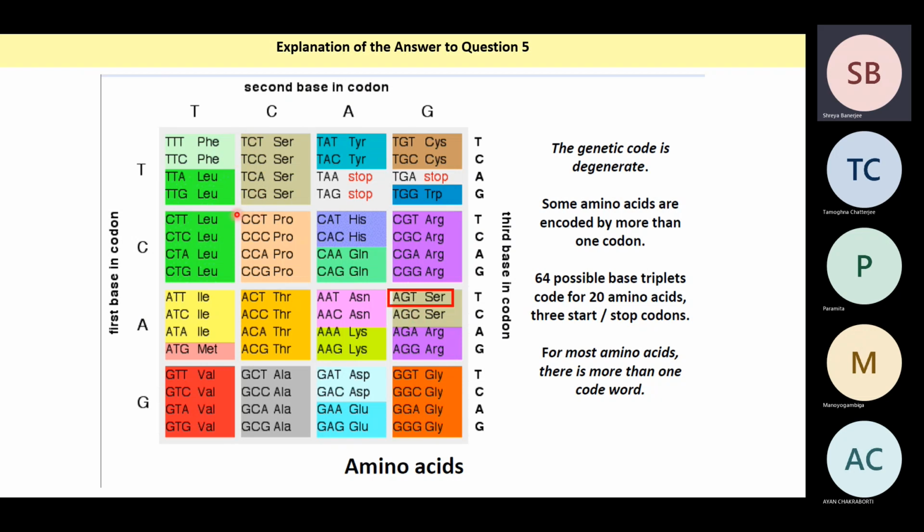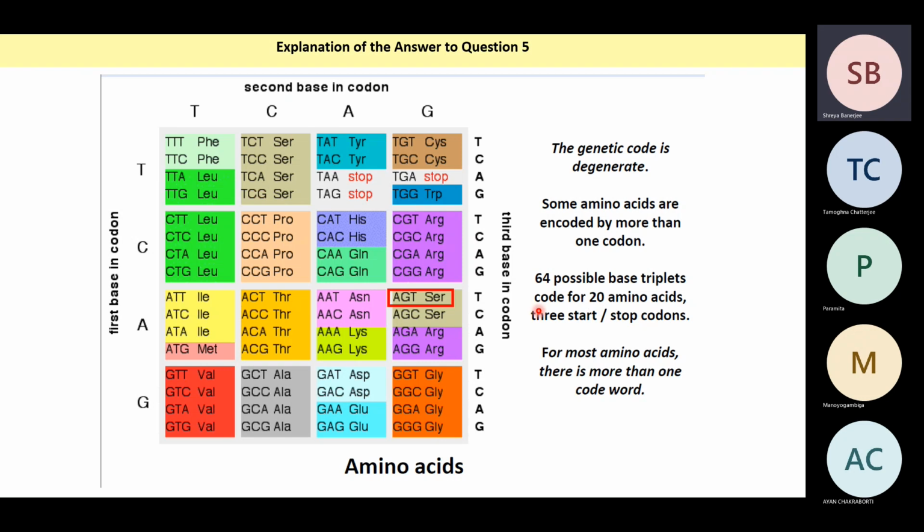So why was this degeneracy necessary? Basically, if there was a 1:1 correlation, meaning 3 nucleotides, 1 amino acid, there would be a big problem, because there are a total of 64 possible base triplets. So only 20 would code for the amino acids and the other 44 would be useless.